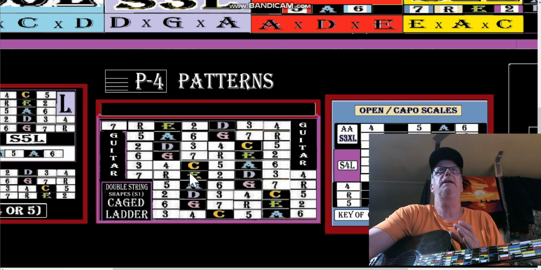Okay, another reason for looking at the double CAGED ladder is to start to look at longer intervals, such as this one. And where did that come from?